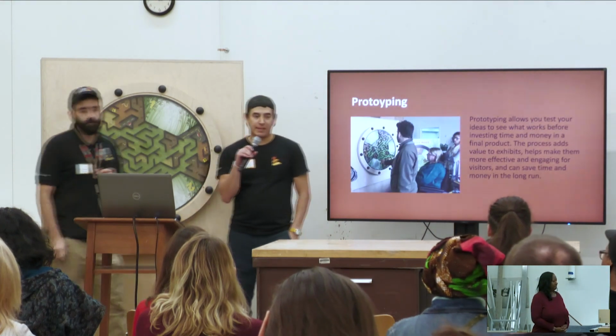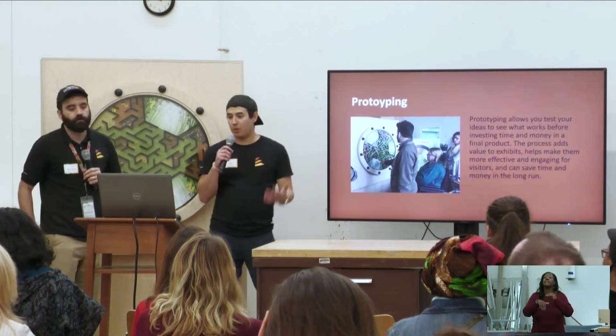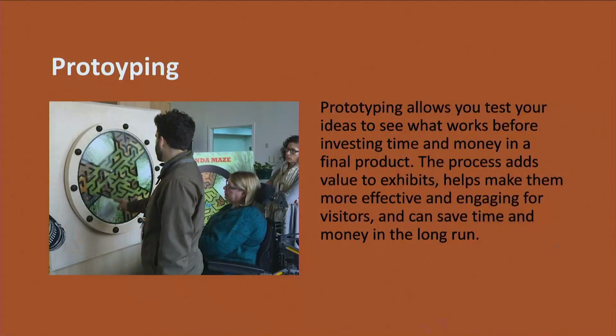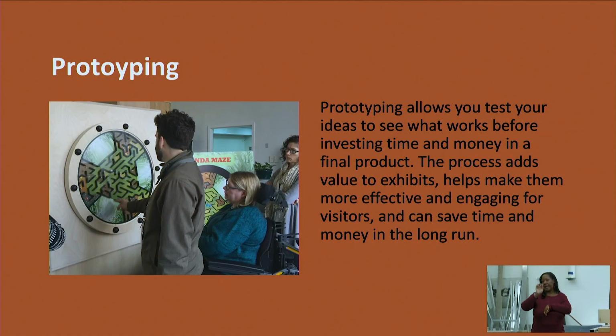All right, so the first step in our process, once we get into the actual production of this, is prototyping. Prototyping, once it gets to our phase, can look a lot of different ways. Oftentimes it's buying raw materials and spending the hours to produce a physical piece that the client, the audience can look at and decide what works and what doesn't work about this. But it also includes mock-ups.